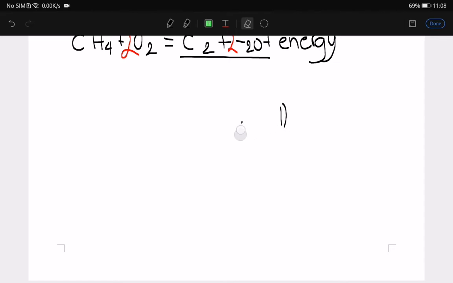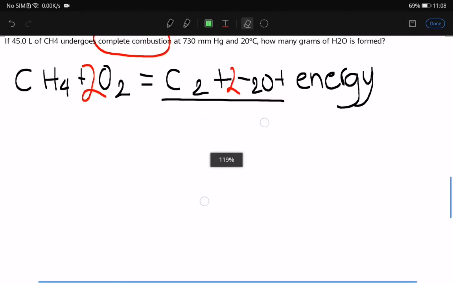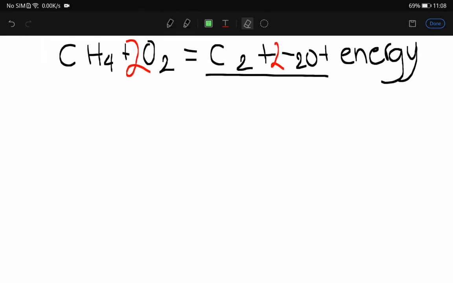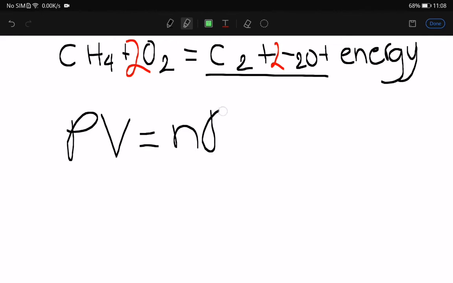Actually, before we move on, you might be wondering why I'm just solving for the actual value instead of deriving the formula. For example, PV equals nRT, and you're looking for n, how will you solve for it?